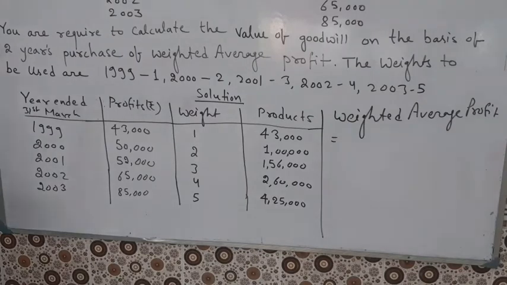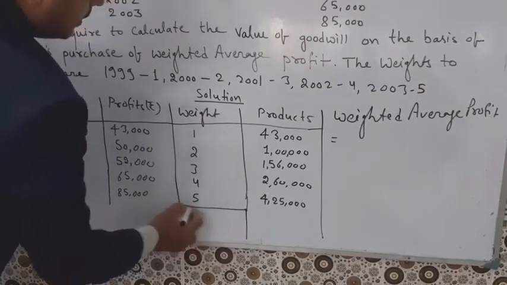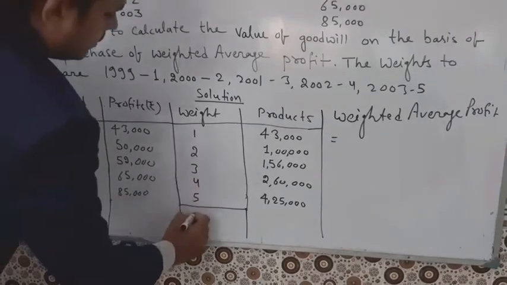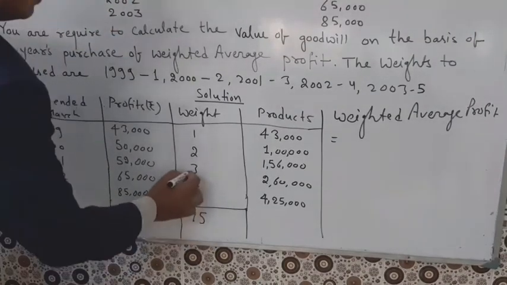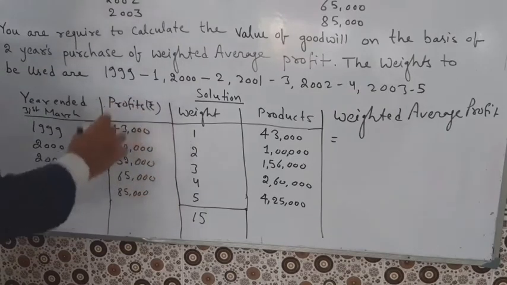The total of weights is 15: 5 plus 4 plus 3 plus 2 plus 1.